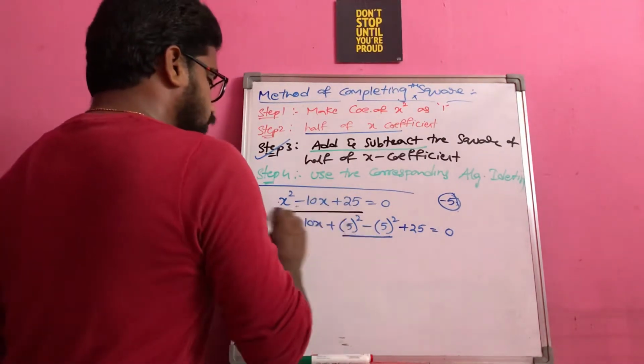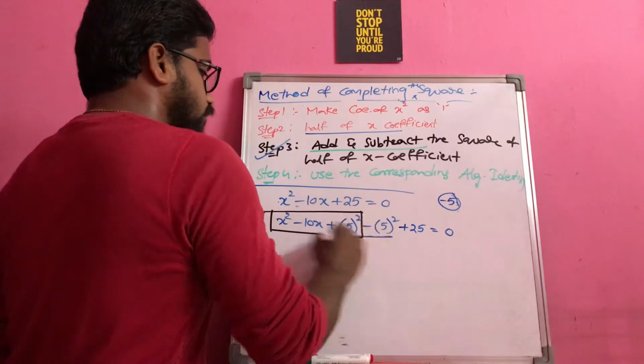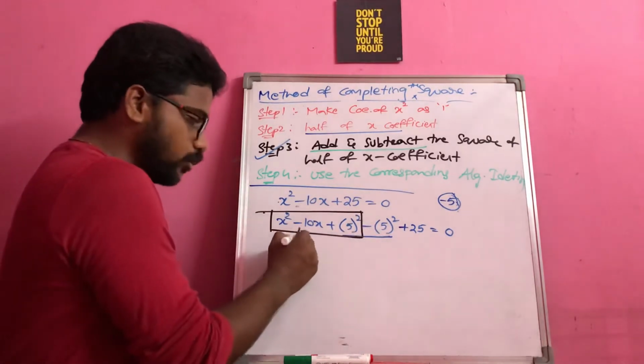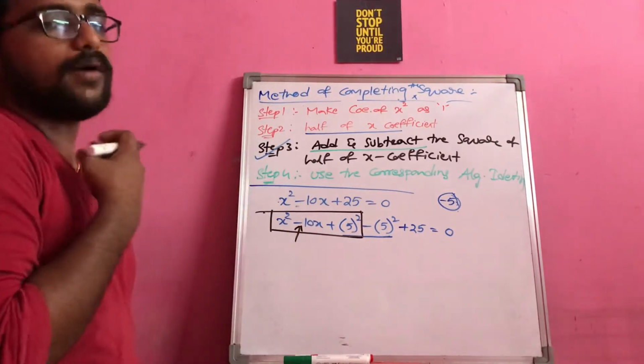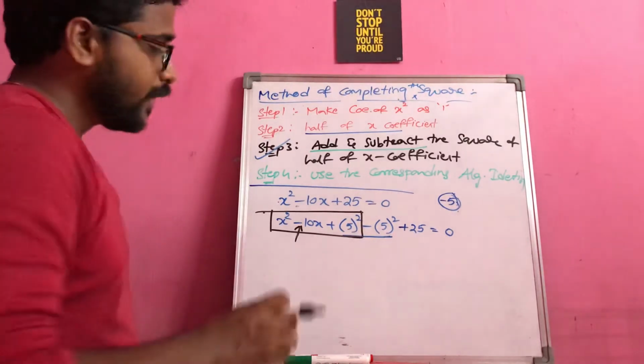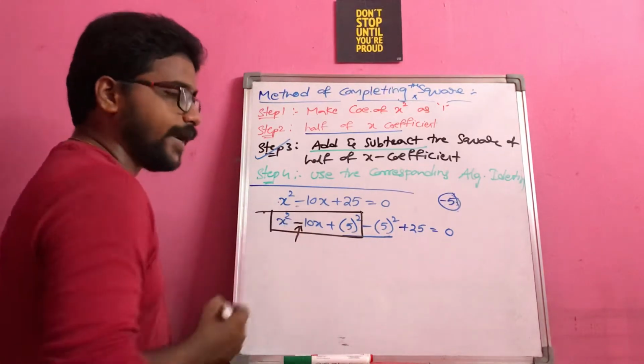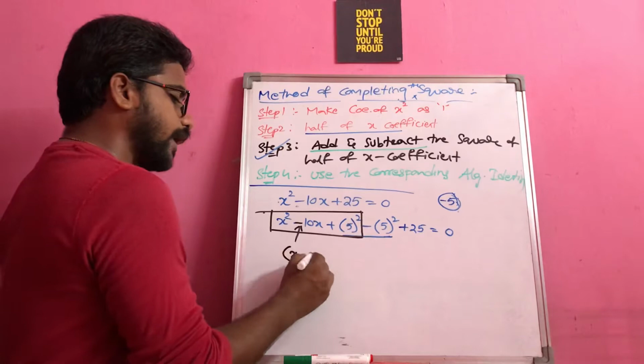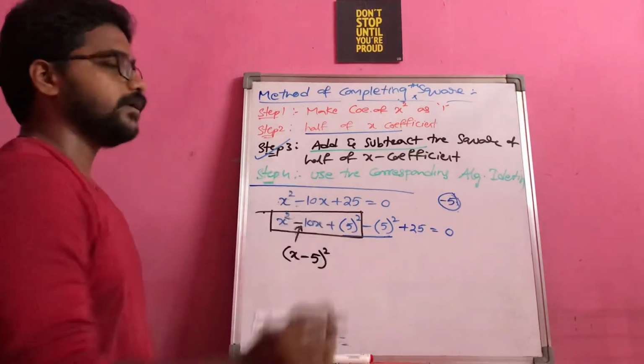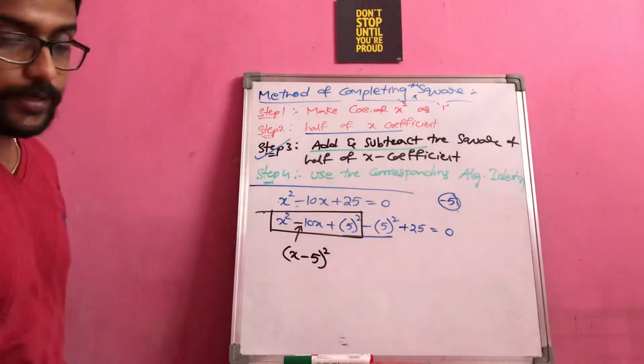Now observe here, these first three terms, as I told you, based on the coefficient of x, you have to use the algebraic identity. If the x coefficient is negative, you have to go for a minus b whole square, that is nothing but x minus 5 whole square. Why?